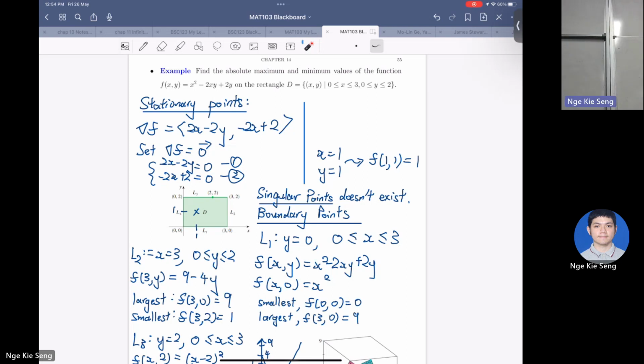Oh, yes. You need to determine what happens close to the boundary, so you need to find the limit close to the boundary. If that limit goes up, then it is what we discussed just now, which we don't want, because we cannot find an absolute maximum. If the limit goes down, then it will be good because there will be some point that is higher.